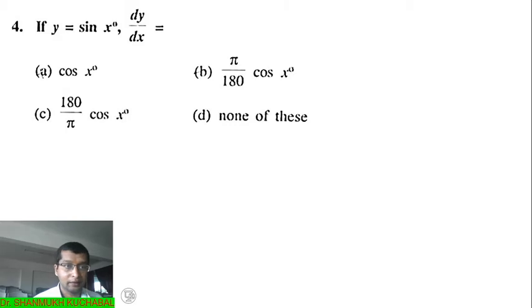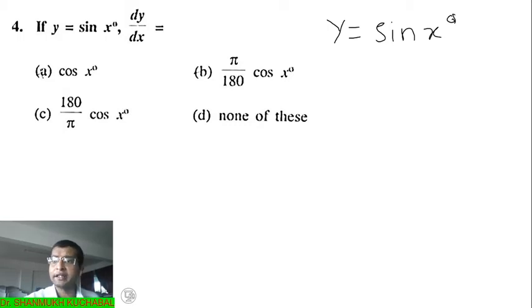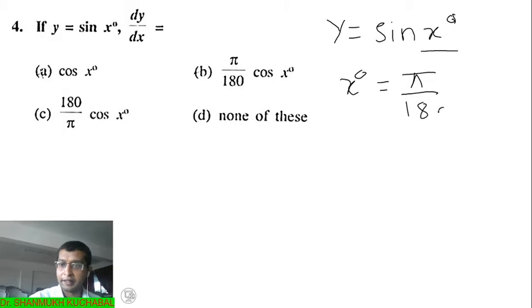Next example, it is given that y equal to sin x degrees. Now it is in degrees, we have to convert into radian measure, so the conversion is x degree equal to pi divided by 180 radians, right?